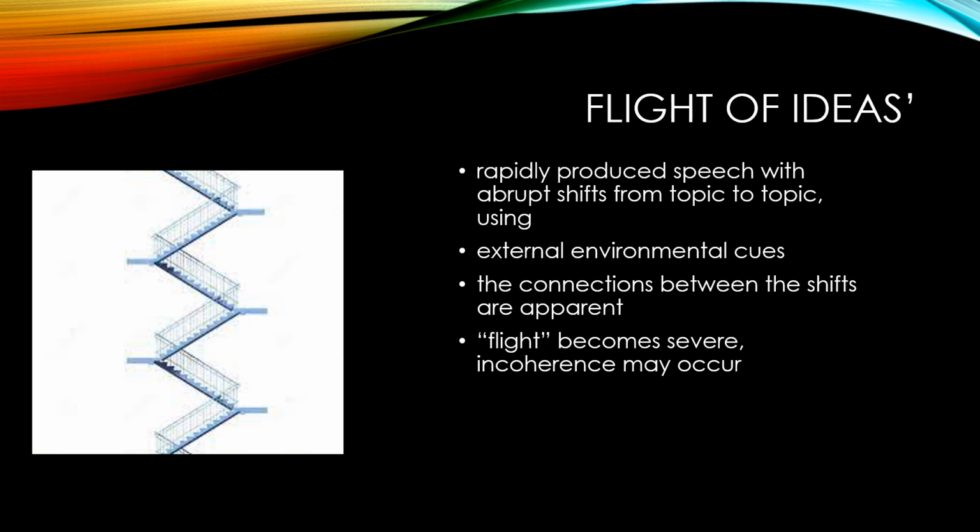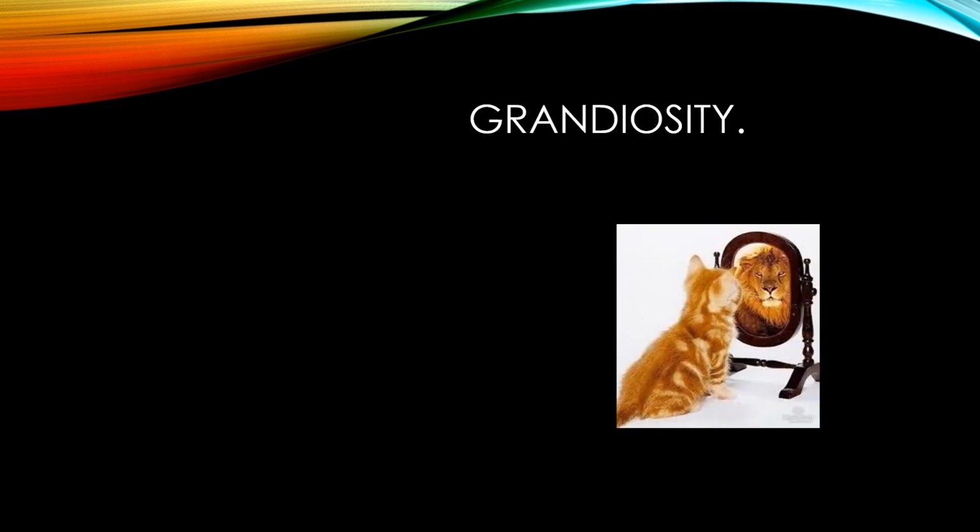Sometimes, when the flight is very severe or the patient is very symptomatic, incoherent speech can occur. But mostly, the speech which the patient says, you can make it out, and a connection between the ideas can be seen.